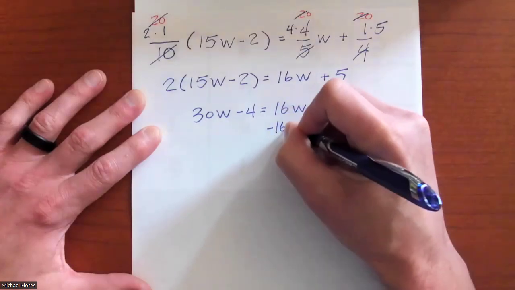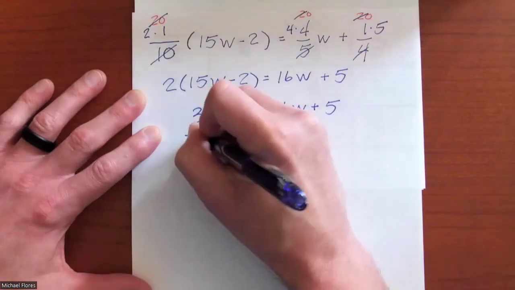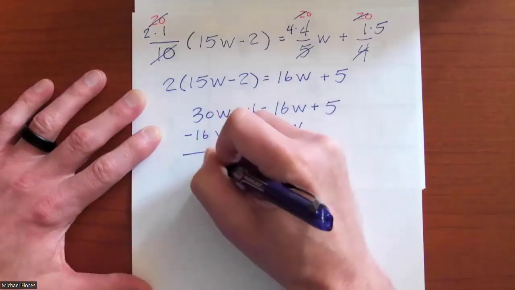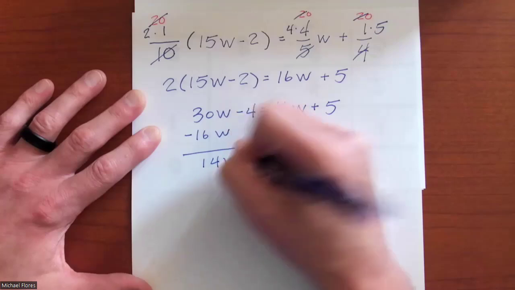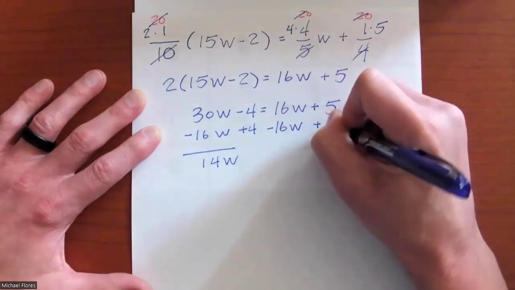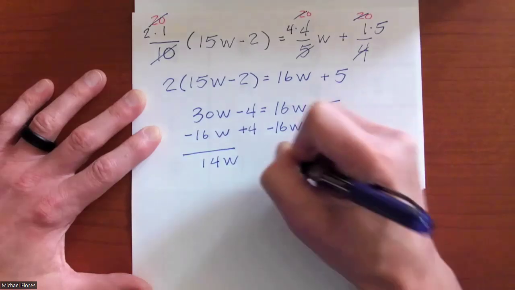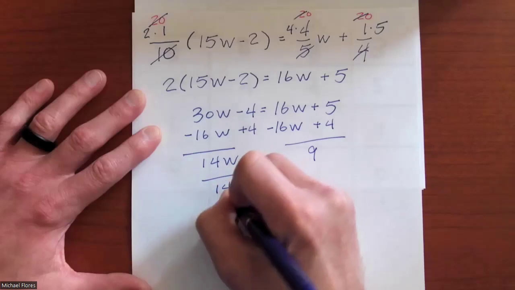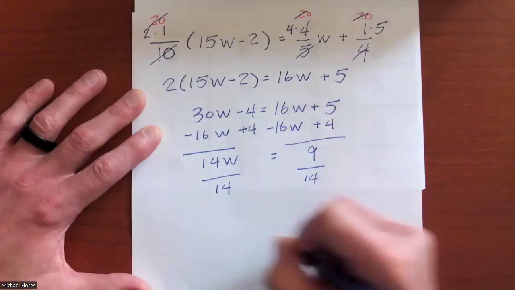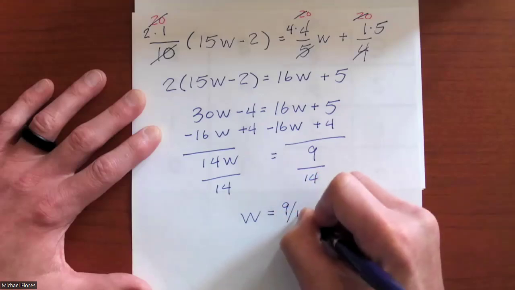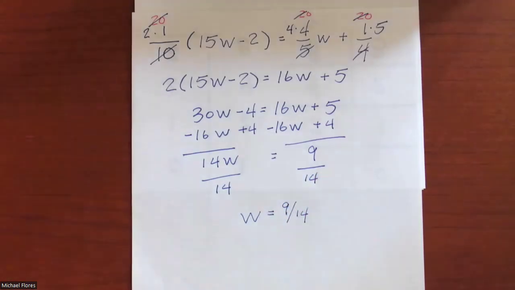Combine like terms. And now divide both sides by 14. And we have our final answer.